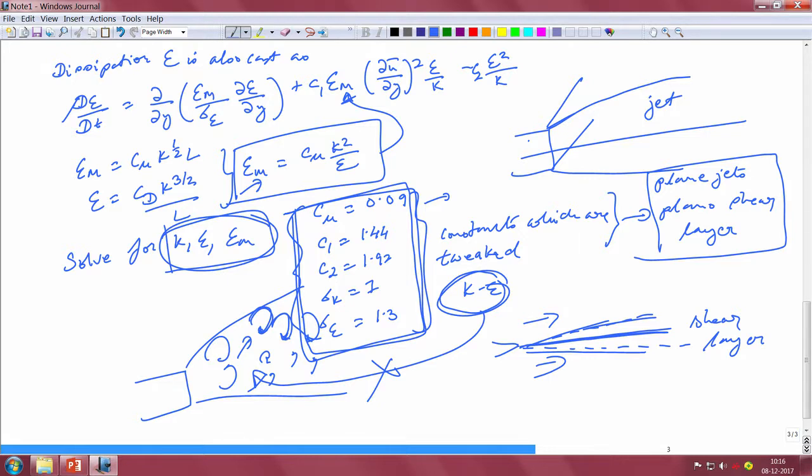But for example, you cannot use it in a flow over an aerofoil. So, you cannot use it blindly, because these equations are all done with this specific set of constants. So, you have to be very careful when you are using this kind of turbulence model, they are not universal in nature at all.